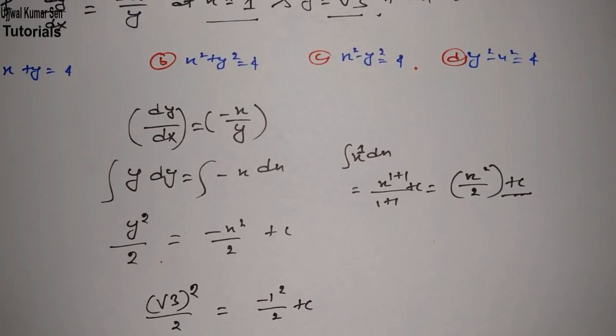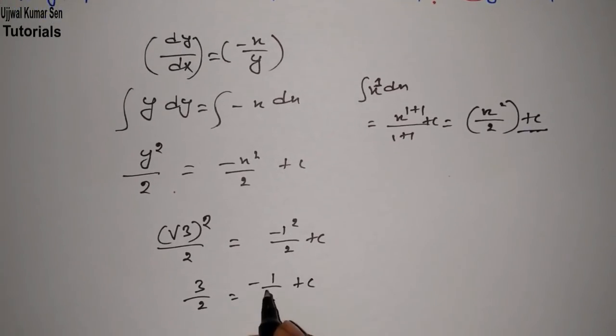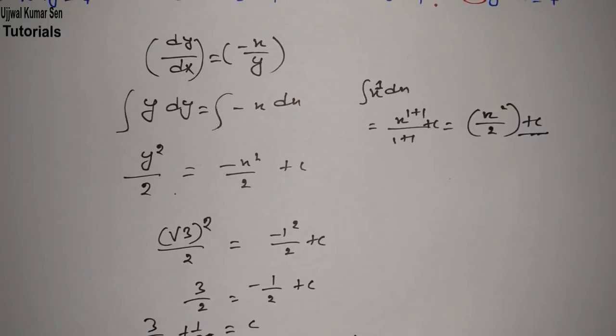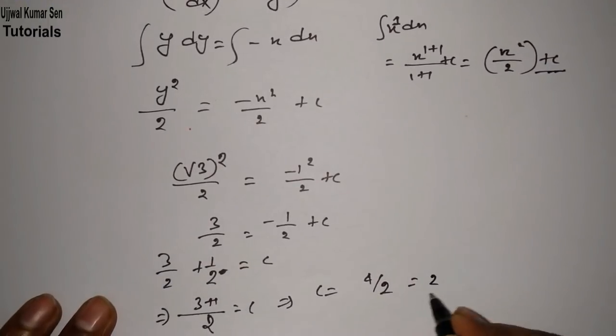So 9 by 2 is equal to minus 1 by 2 plus c. Now send the minus 1 by 2 to this side, so 9 by 2 plus 1 by 2 is equal to c. Taking the LCM, 9 plus 1 is equal to 2c. Therefore c is equal to 10 by 2, which is 5.